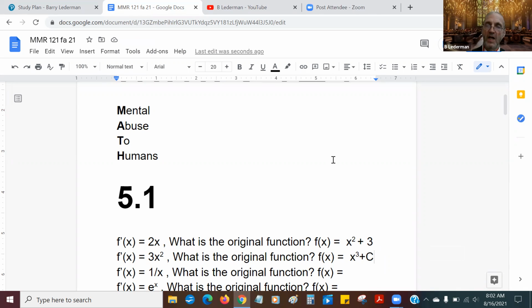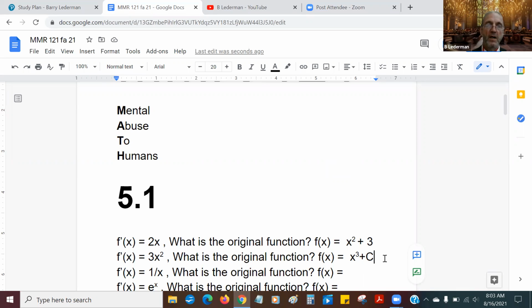So if the original function is x cubed plus any constant, it could be x cubed plus 17, x cubed minus pi, x cubed plus e to the third power, x cubed plus a million. It doesn't matter, because when I take the derivative, that plain constant number disappears. So I would still get the answer of 3x squared, no matter what that constant is.